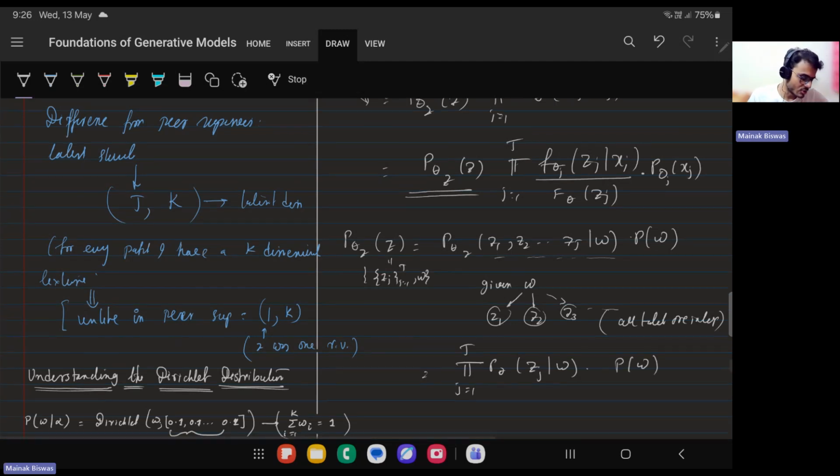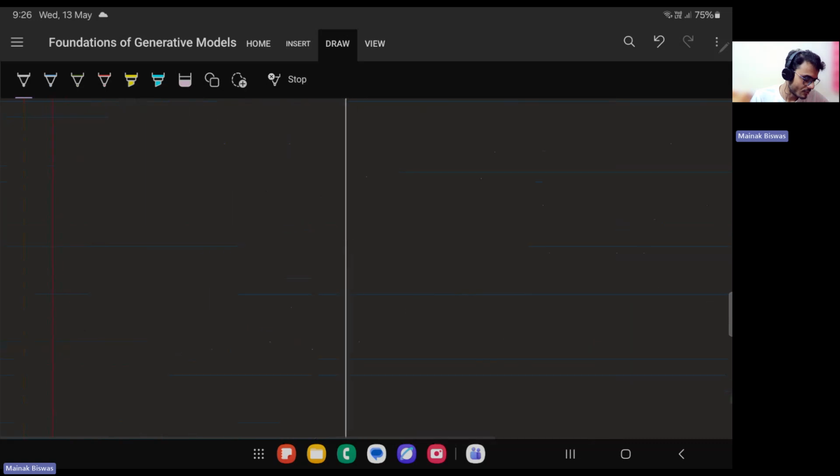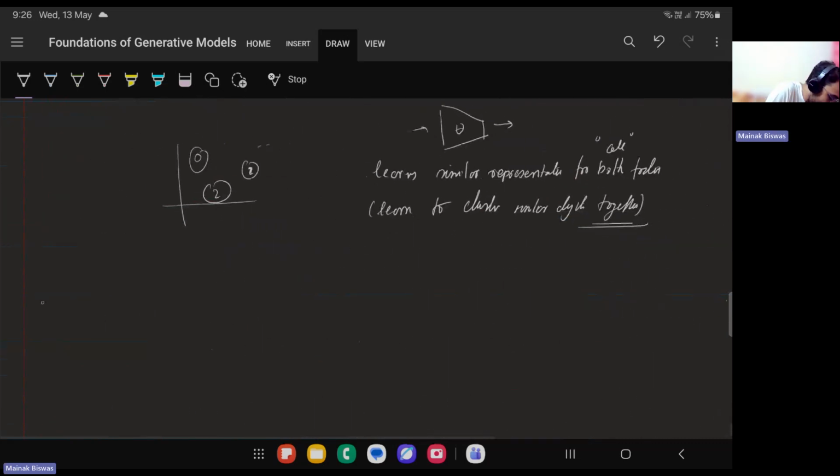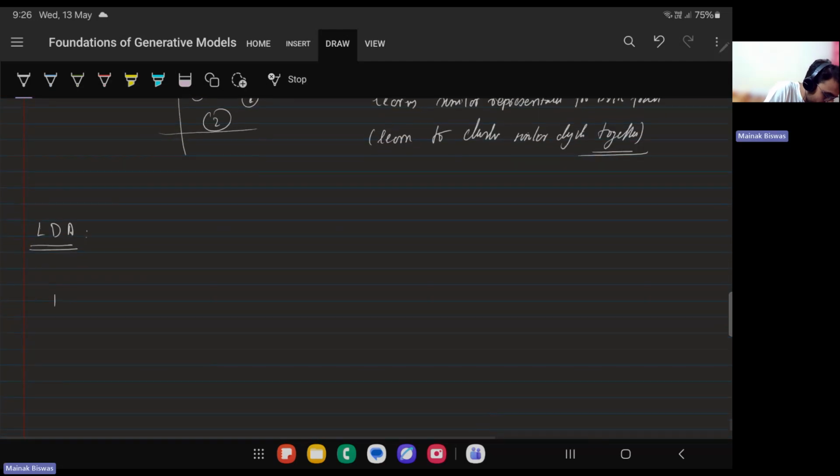So the overall distribution becomes, therefore we can write for LDA the joint distribution p theta of x comma z.